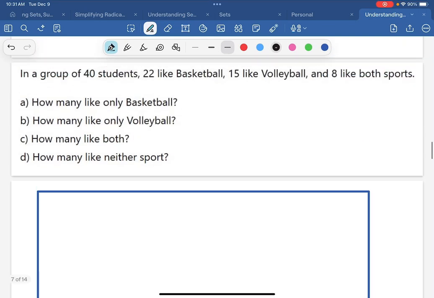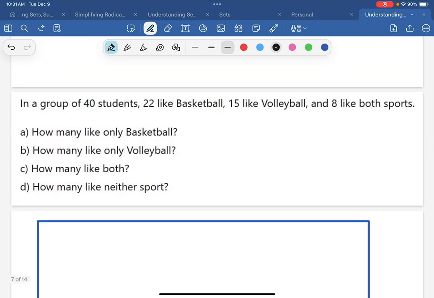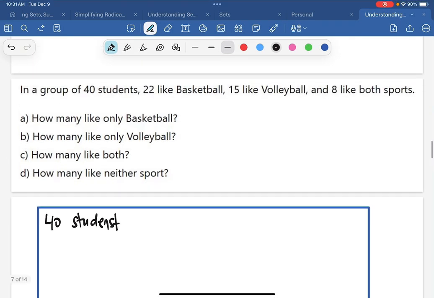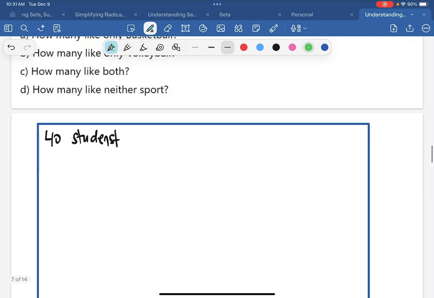Okay, so we got a universal set containing 40 elements or 40 students. Now let's label basketball as set B and volleyball as set V, just to make it easy.